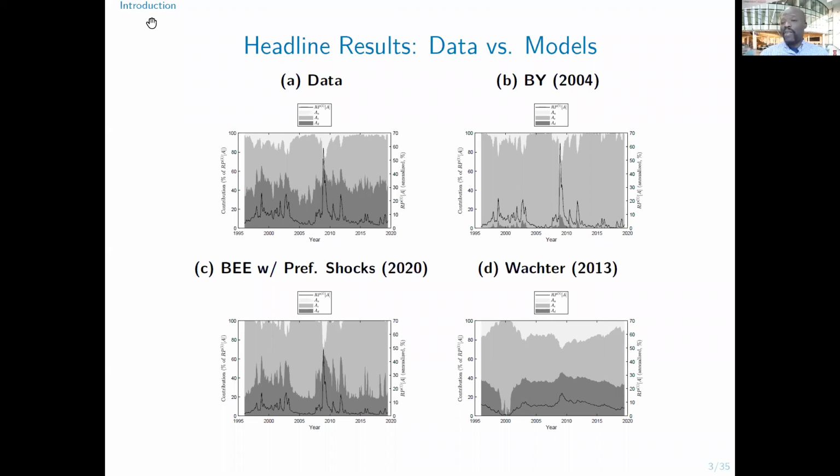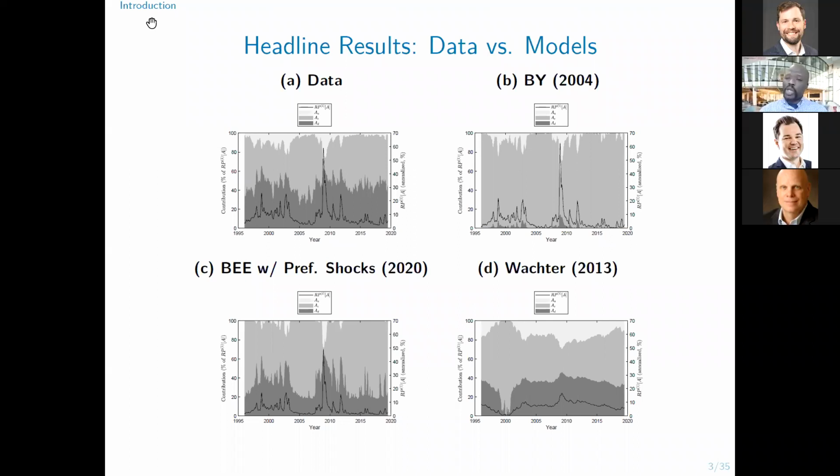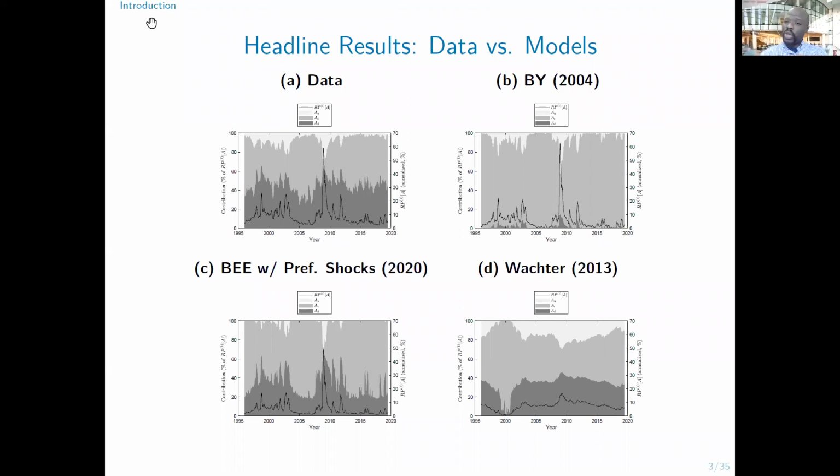It varies over time. On average, it's close to 45%, or 47 or 48. The same for the center: its contribution also varies a lot, and on average, it's about 45%.